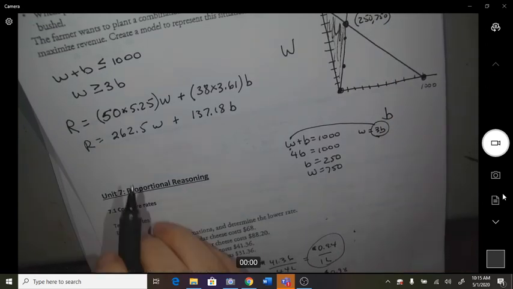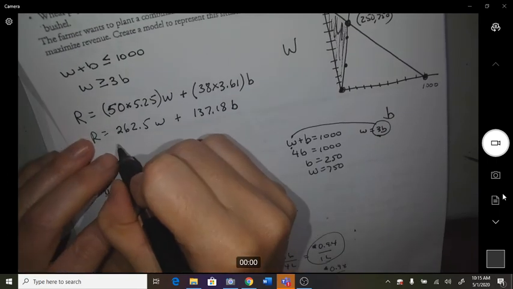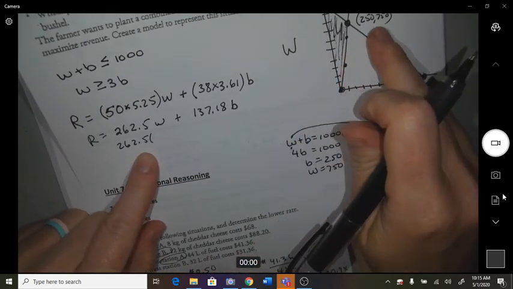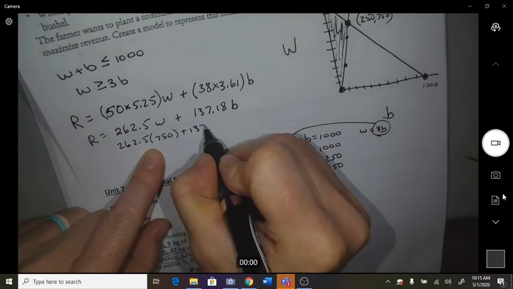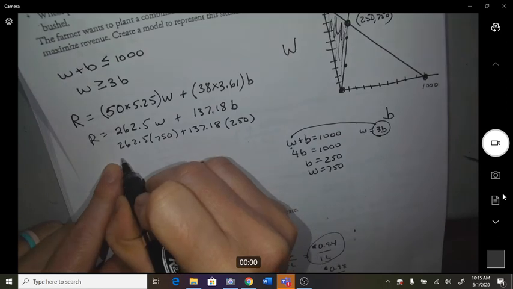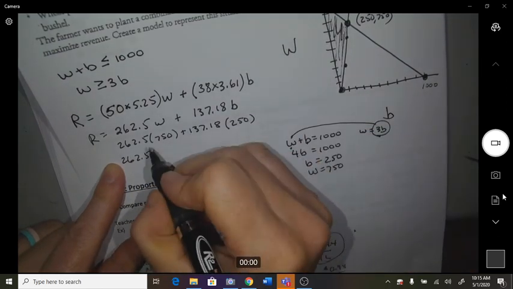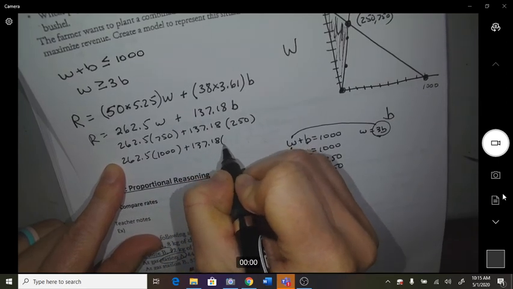Okay, so now we're going to plug both points in to see which one will maximize revenue. So the first one, wheat is 750 and barley is 250. Or the next one, wheat is 1,000 and barley is no hectares.